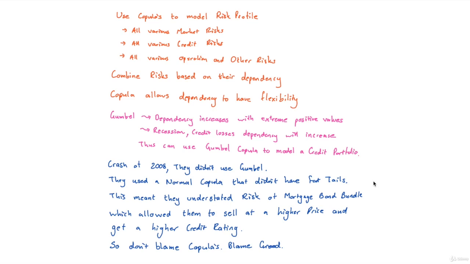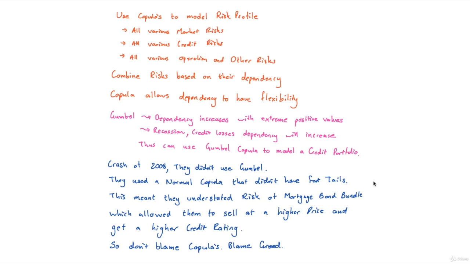Well, it's either that they were stupid and they didn't learn their lesson, or it's because they thought, hold on, if we had to use the Gumbel copula to measure the risk of a mortgage bond and the whole bundles for securitization, then the Gumbel copula is actually going to tell us that these things are very, very risky. And the more risky something is, the higher return that it needs to generate, and thus the lower price.